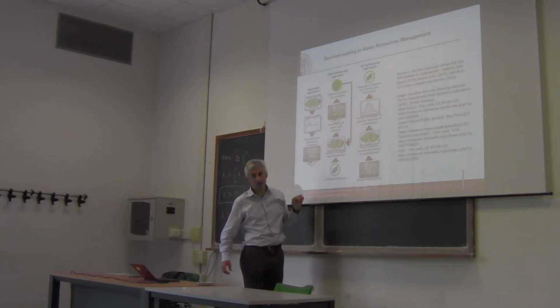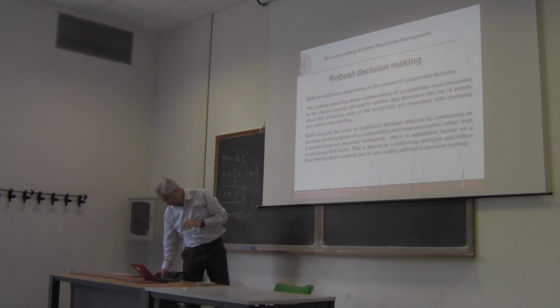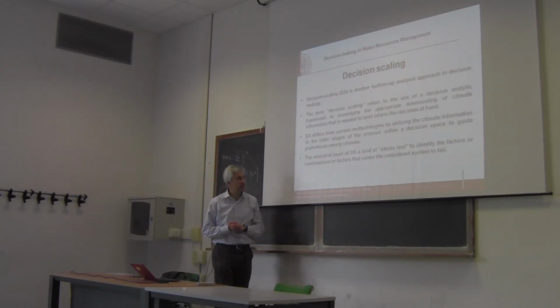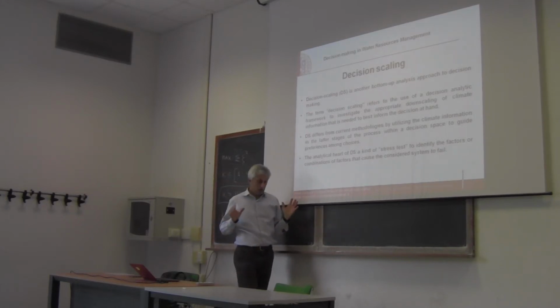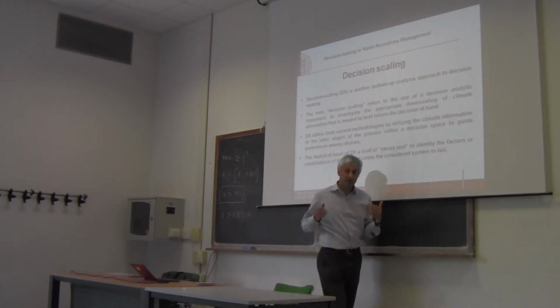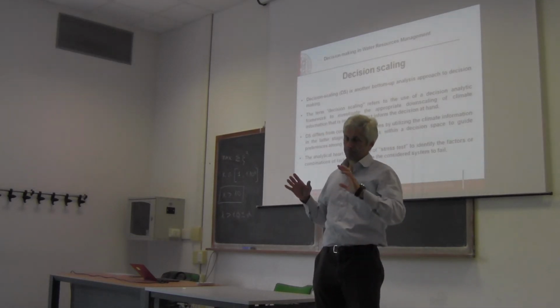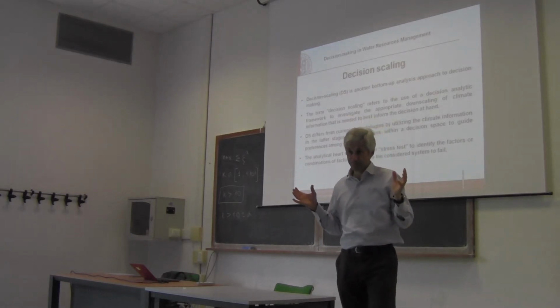And okay, now there is another approach, which is decision scaling, which is similar to robust decision making, but with some differences that I want to point out. Okay, what is decision scaling? It's another analysis that doesn't start with climate projections, but starts with analysis of vulnerabilities.